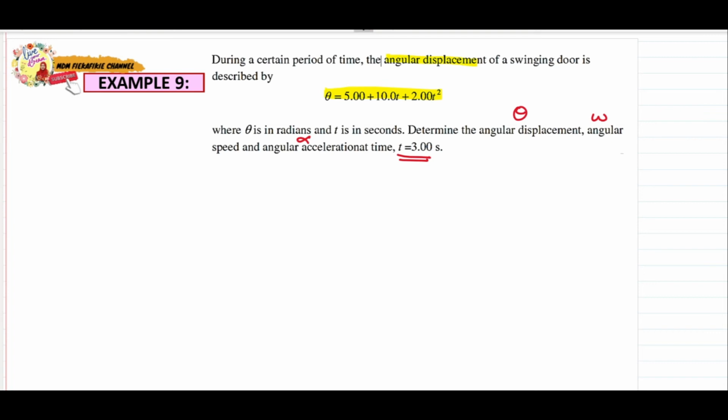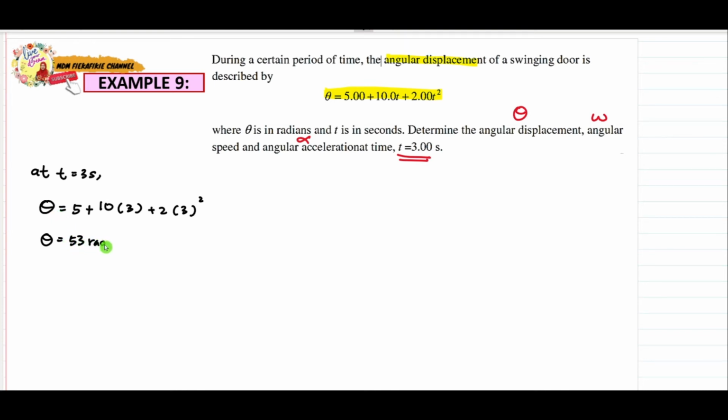Okay, so we can find first what is the angular displacement. So at t is equal to 3 seconds, theta is equal to 5 plus 10 T, tu gantikanlah 3, plus 2, 3 squared. Okay, substitute and then kira lah. So theta you akan dapat 53 radian.